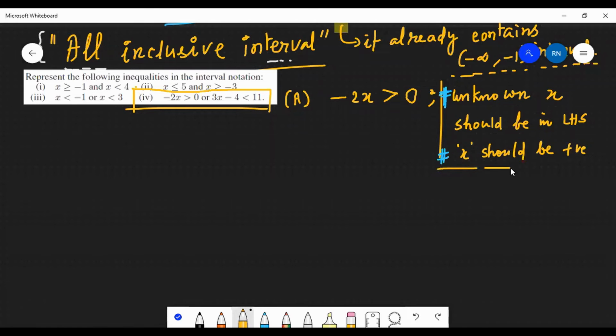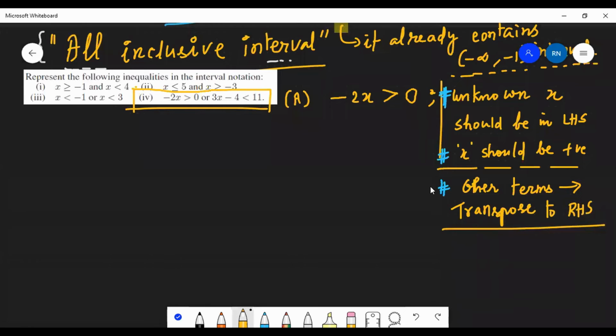This you have to check. Once you make sure of that, all other terms should be on the RHS: transpose them or shift them to the right side. So you will get the final answer for x.